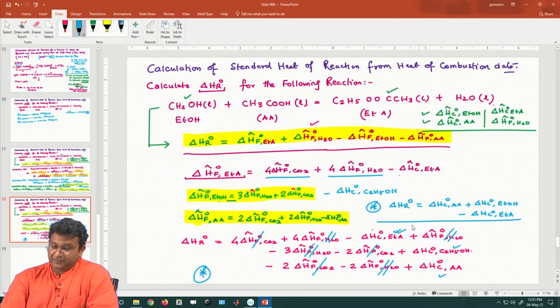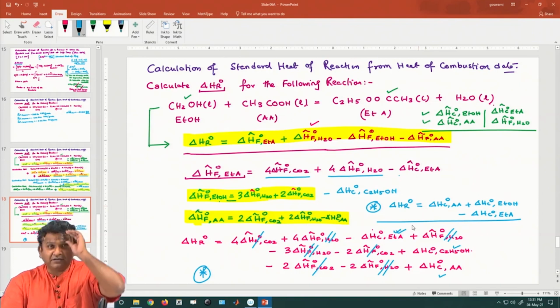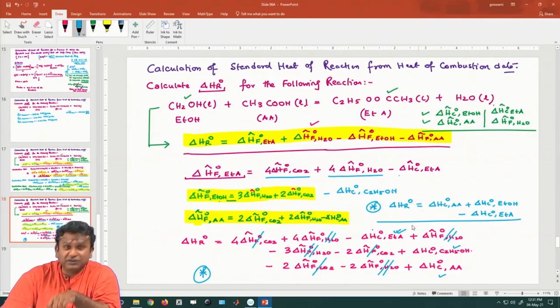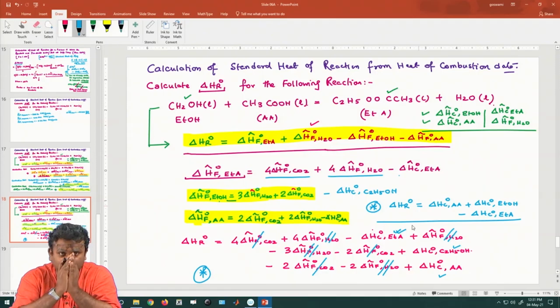So, it is interesting to note that the heat of reaction, of course, you need to do this step to show that the carbon dioxide and water actually cancel out, and you do not need those data. So, if the equation is properly balanced, this is going to happen.